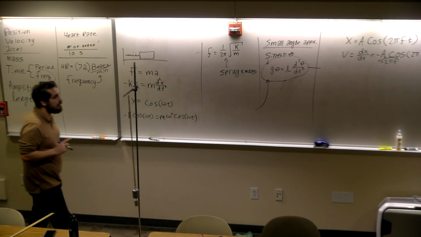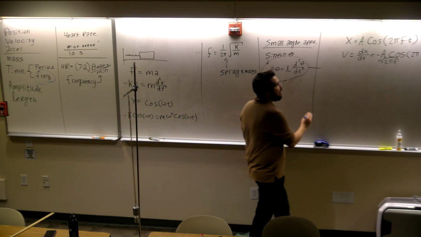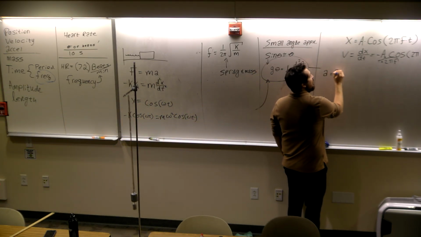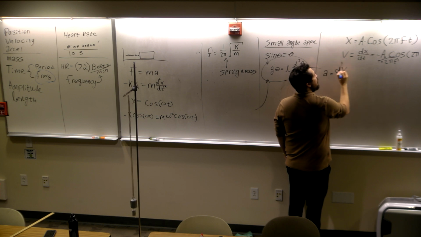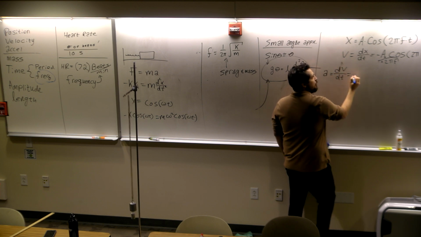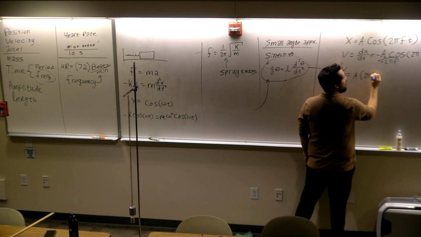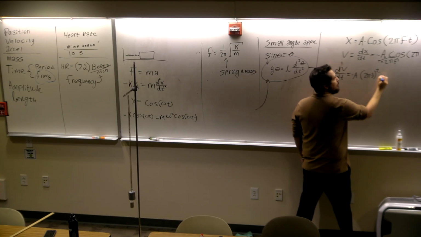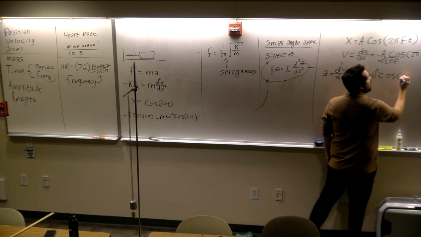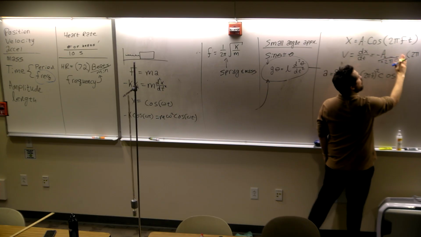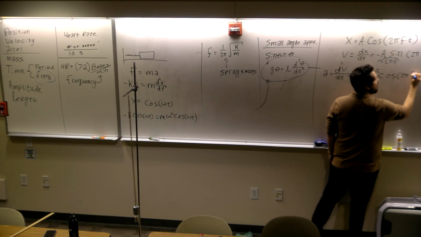We'll return to that in a second. Acceleration, should you care to know it, would be the next derivative, which would be amplitude times 2 pi f squared, negative cosine, oh, I was supposed to switch to sine, cosine 2 pi f times time.